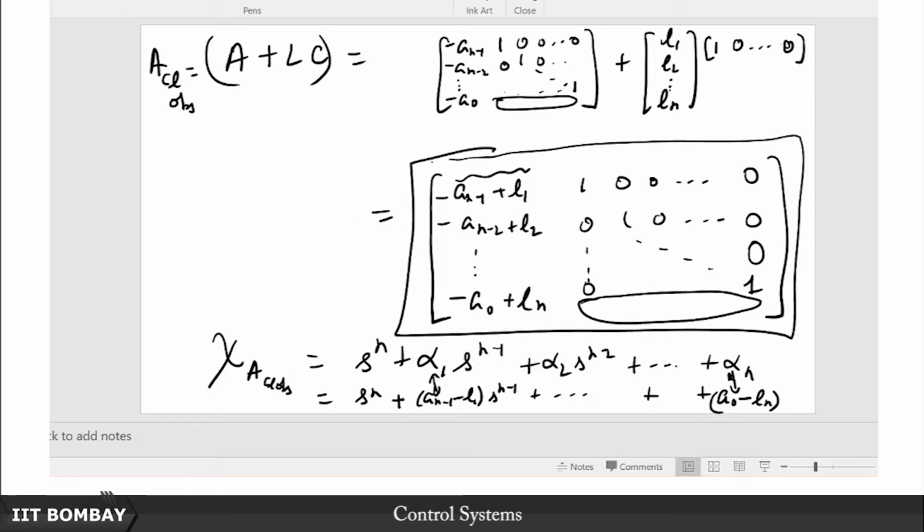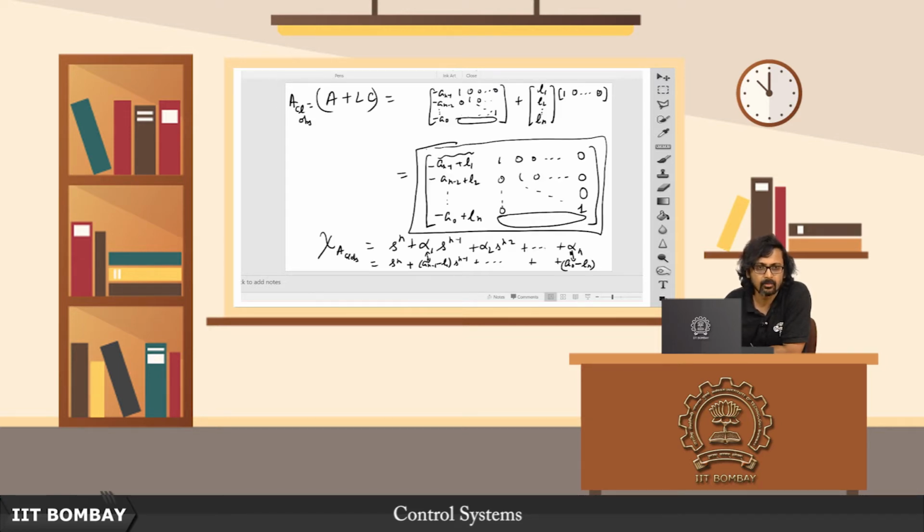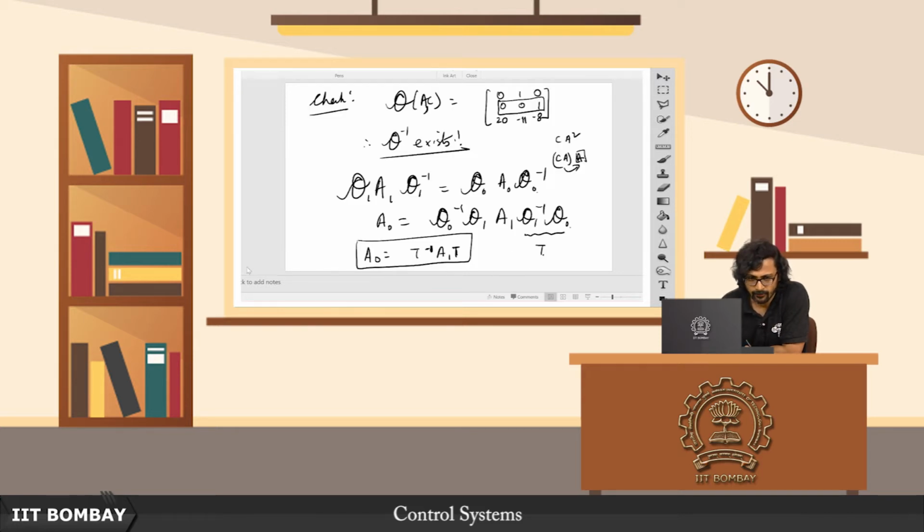So having seen this, once you have gotten the observer gains L in this observer canonical form, now you go back, and what will be your gains now? Let us look at the similarity transformation here.